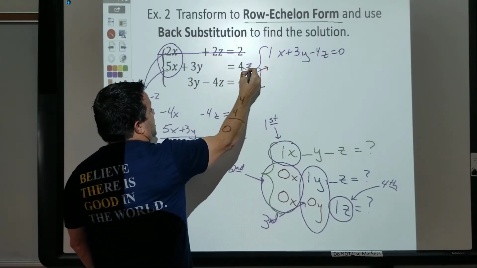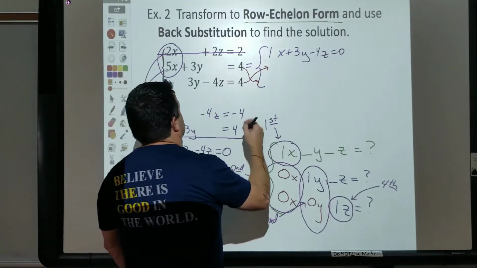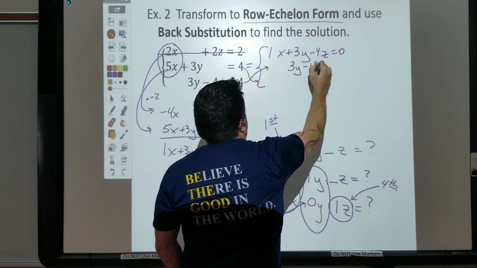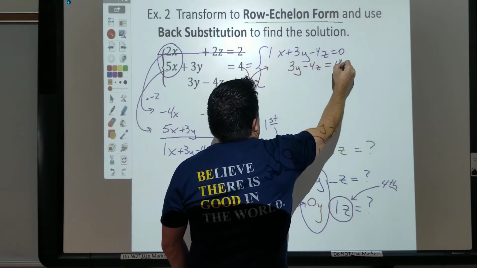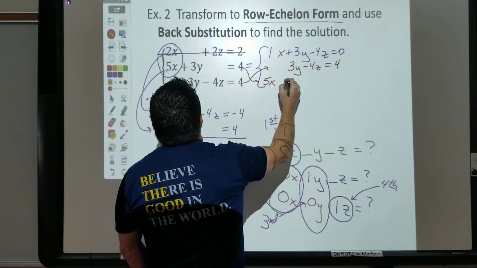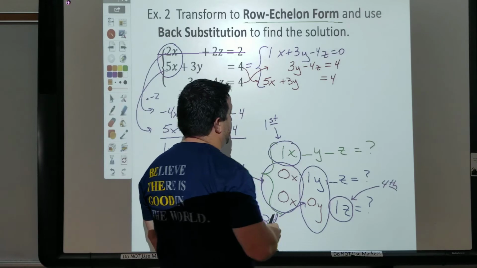So I'm going to take these 2 equations, and I'm just going to go ahead and switch them around, just saving myself a little space. Hopefully that's not too confusing for you. So 3y minus 4z equals 4, and then this equation is going to go down here, 5x plus 3y equals 4.